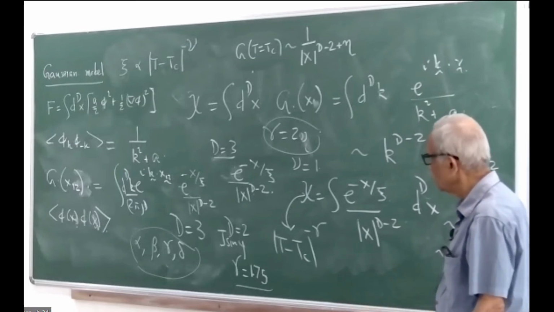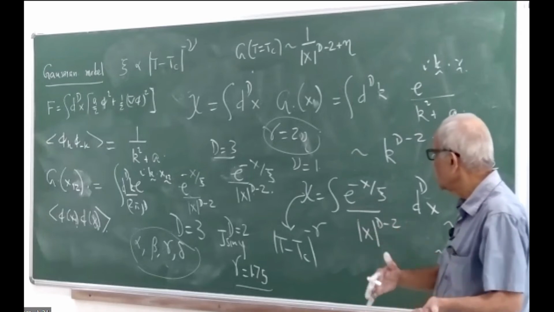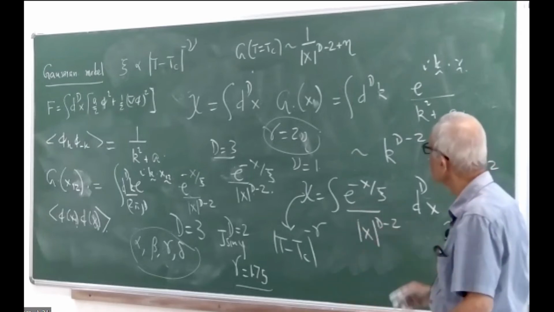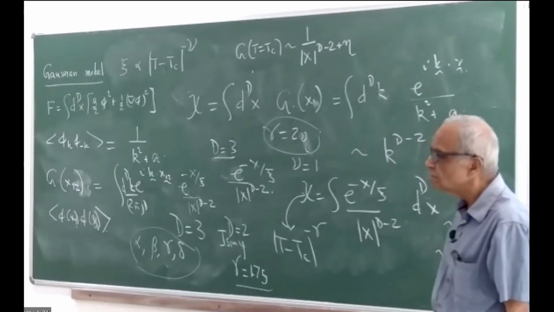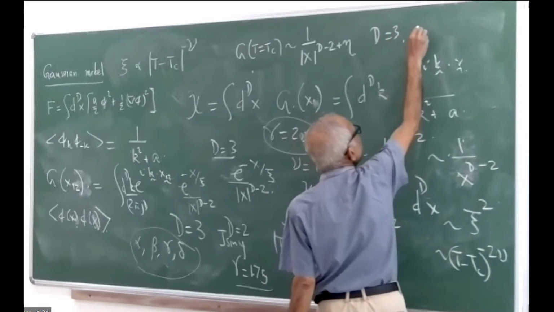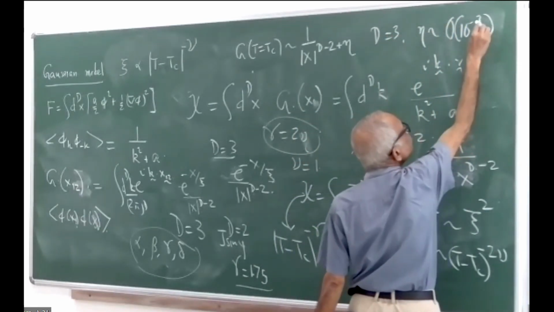These people had been doing neutron scattering all through the 60s, and light scattering from even before that, the 50s and 60s. The reason is that in d equal to 3, eta is of order 10 to the power minus 2.